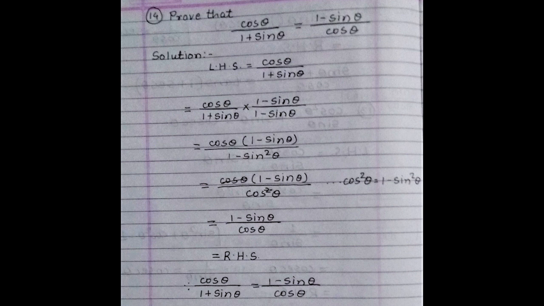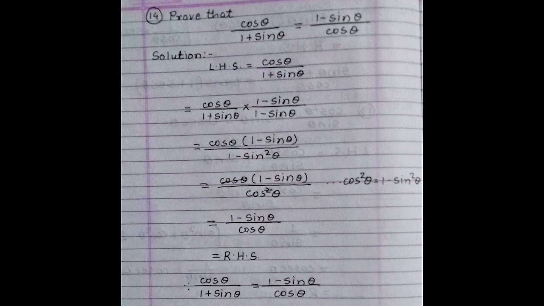So, cos theta into 1 minus sin theta over 1 plus sin theta into 1 minus sin theta. You know that a plus b, a minus b is a square minus b square. So, 1 square is 1 and sin square theta, so you get 1 minus sin square theta. As we know, 1 minus sin square theta is equal to cos square theta.